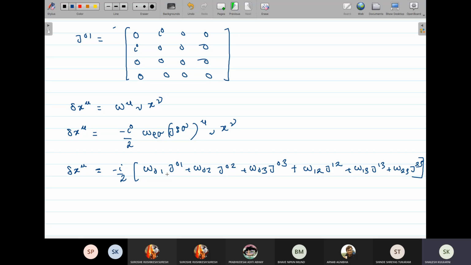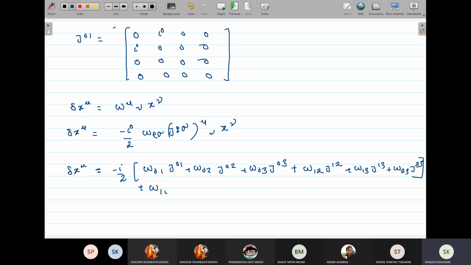Clear? Okay, fine. So I'm saying now that all these omegas are 0 except omega 01 and omega 10 obviously. So I will have a similar term right here. Rho and sigma are summed over, so you have to take all these summations.